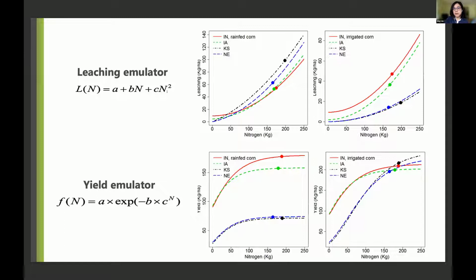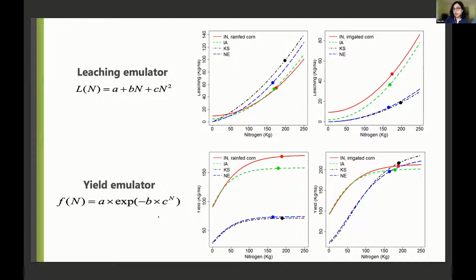The leaching emulator is in the form of a quadratic. As you keep increasing the fertilizer application intensity, the leaching goes up dramatically. But for yields, the benefit of applying additional units of nutrient becomes smaller and smaller, so you see a plateau at a very high level of fertilizer application rate.